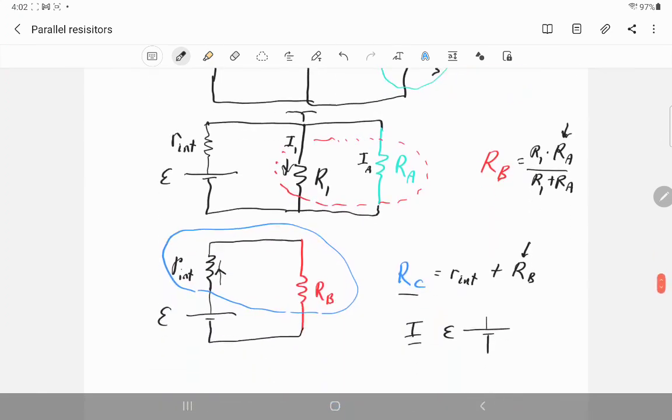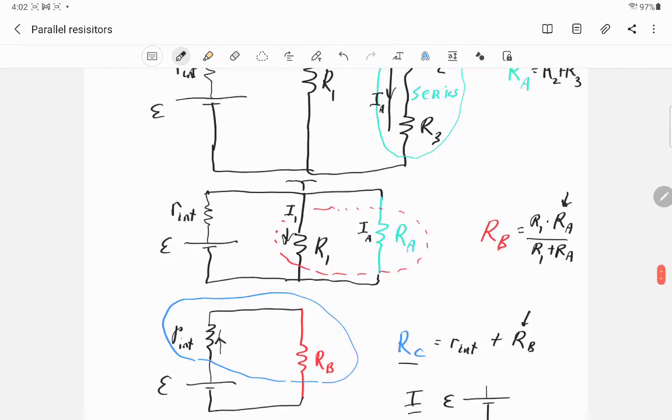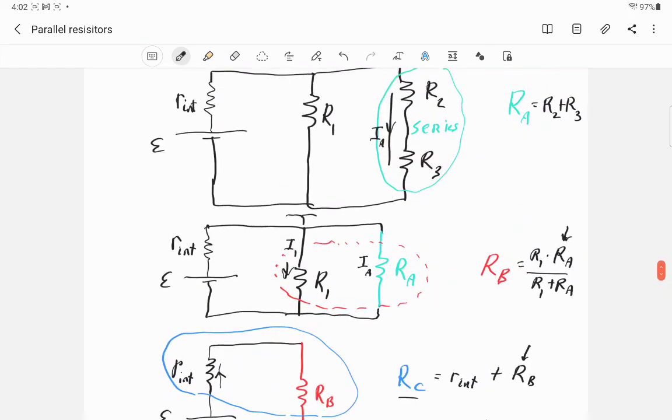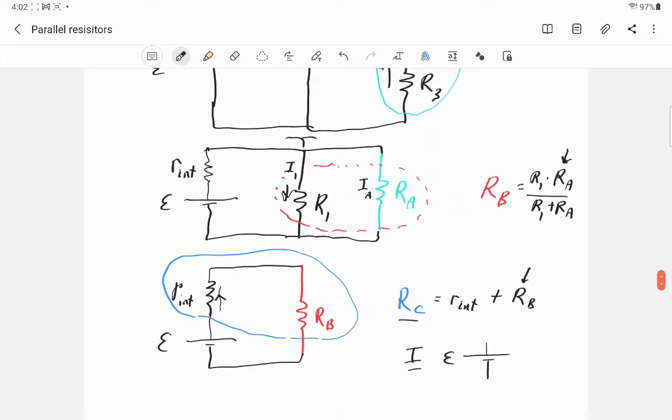So this is one way you can imagine building up and solving this problem.